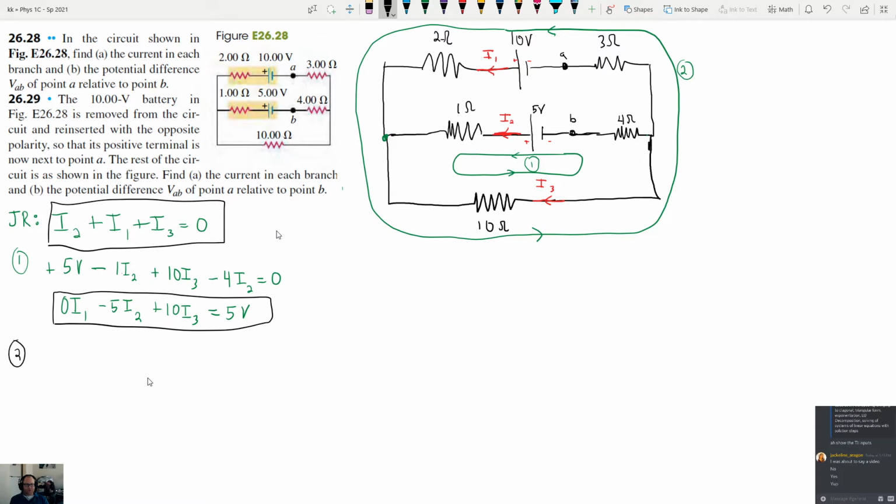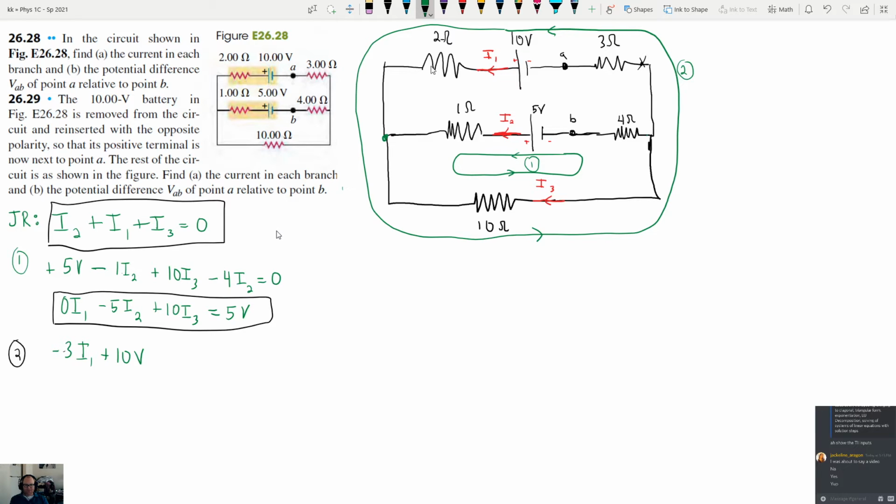Okay, loop 2. Let's start here for loop 2. We're going this way, I1, so we're going to have negative 3 I1. What's the current up there? I1. Going from negative to positive, that's going to be positive 10.